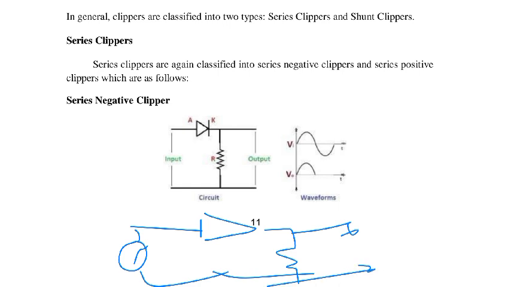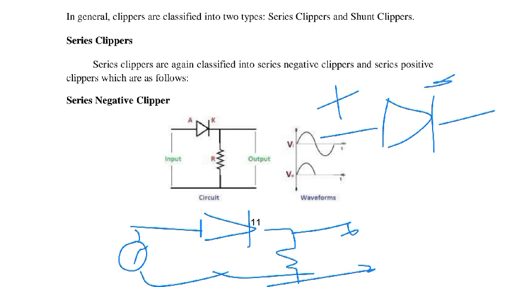Why is it called negative? Generally we consider this the positive terminal of the diode and this the negative terminal. The negative terminal of the diode is connected to the output voltage. That's why we call it a series negative clipper.